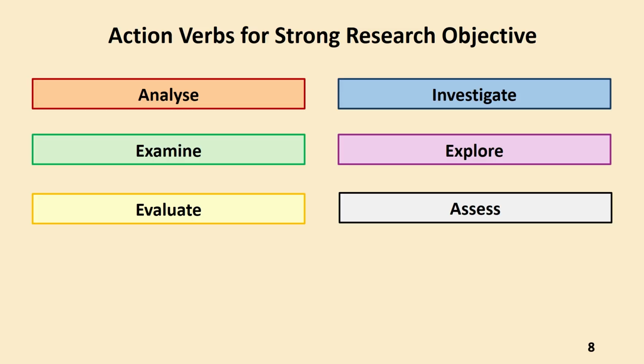One word will have many synonyms, but sometimes the intent of the word changes, the usability of the word changes. For example, when you write analyze, it has a different sense and relates to a different kind of research. When you write evaluate, it has a different sense.